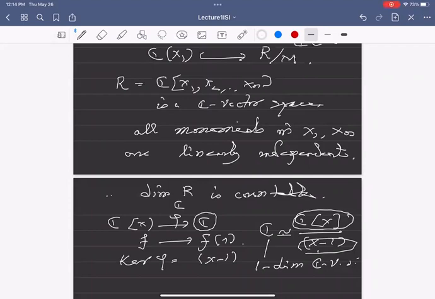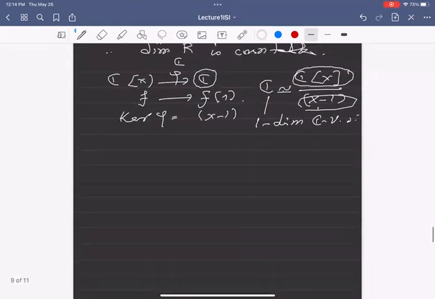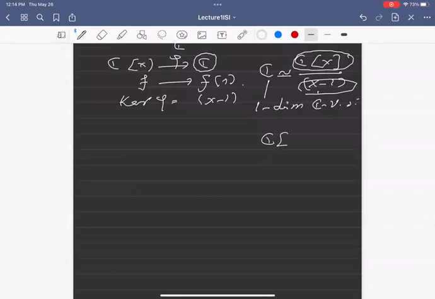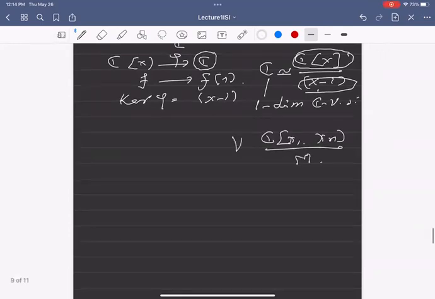Yeah. So when I take an n variable polynomial ring and go mod an ideal, let's call this V, then the dimension of V over C is either finite or countable.